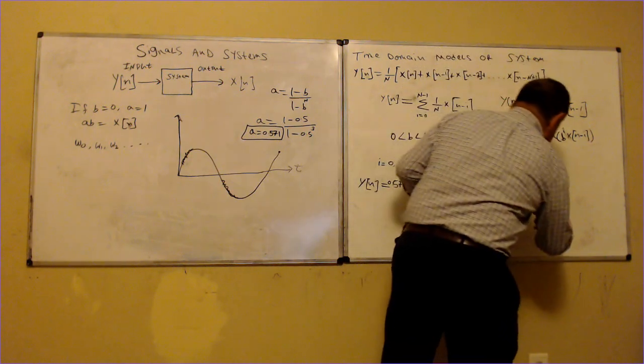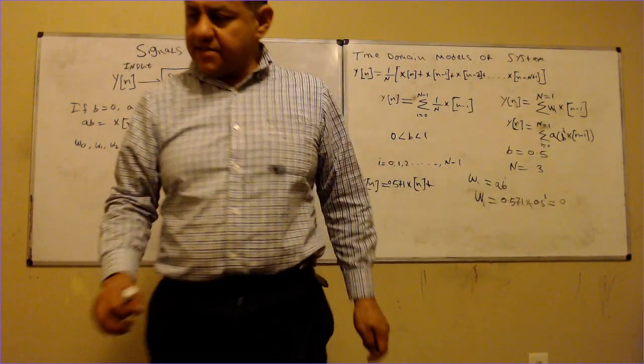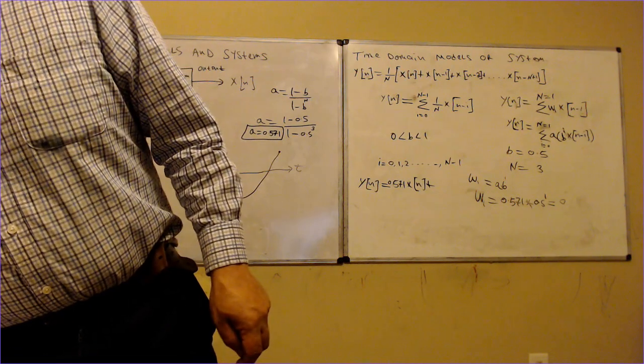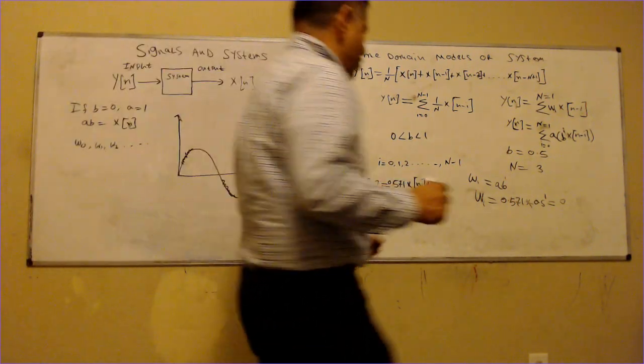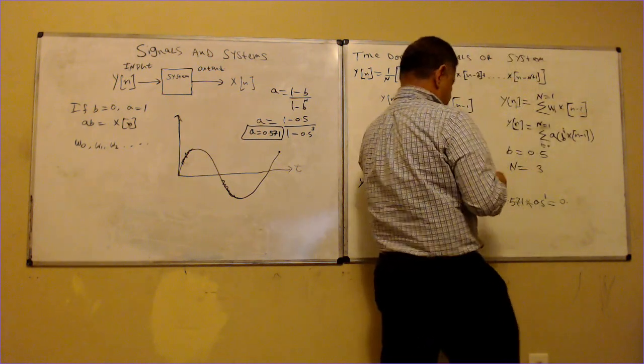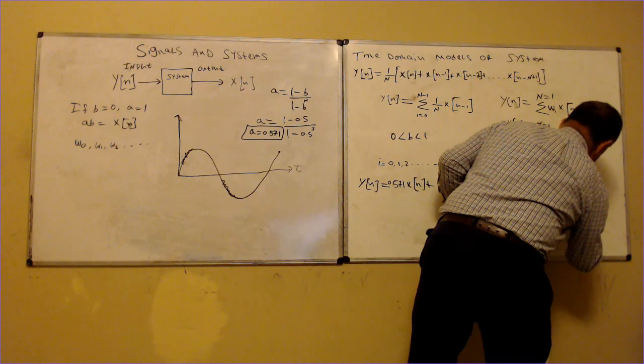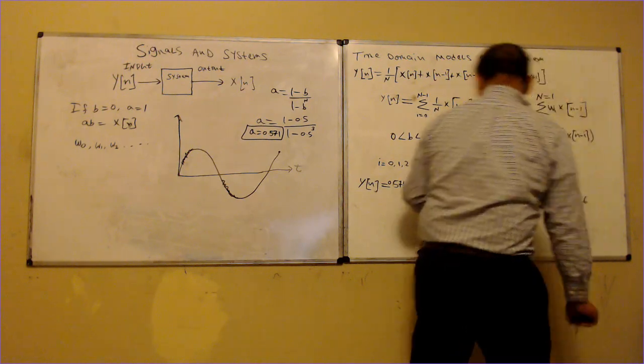Which that is going to be what? It's going to be a point something, 0.286. That's the first value.